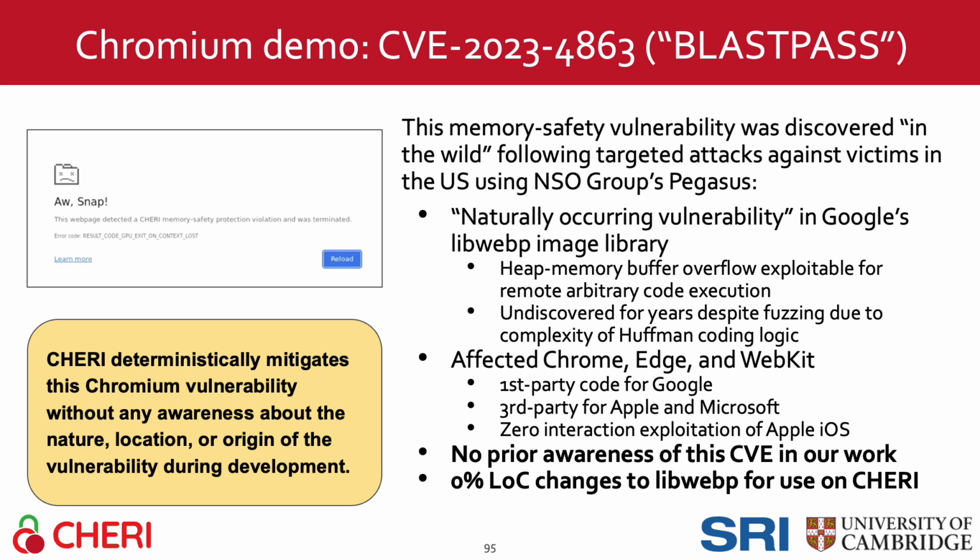This is first-party code for Google. It's third-party code for Apple and Microsoft. It resulted in a zero-touch, zero-day vulnerability in iOS. So it's a really big deal. And for that library, we didn't need to change any of the code at all, and we got 100% mitigation. Okay, so this is a very effective approach.